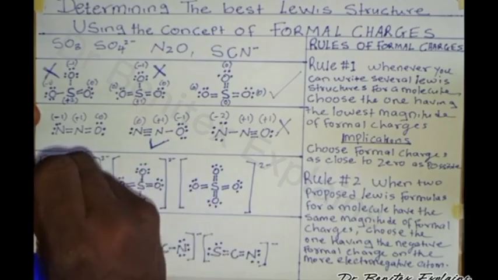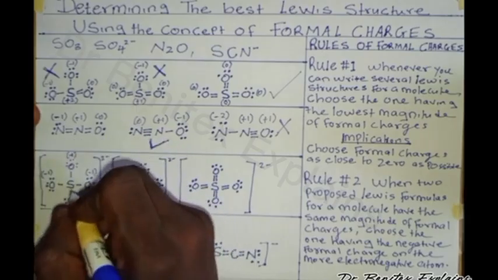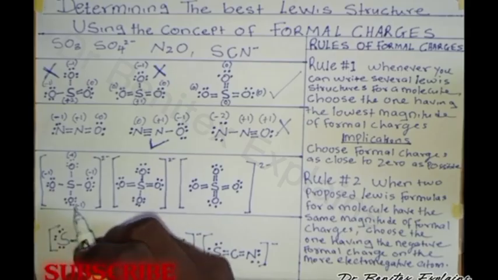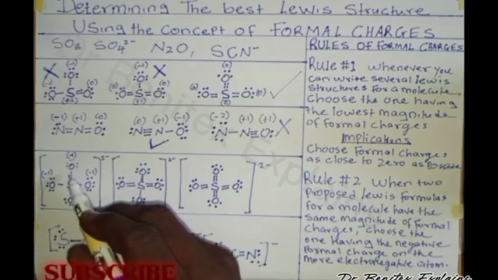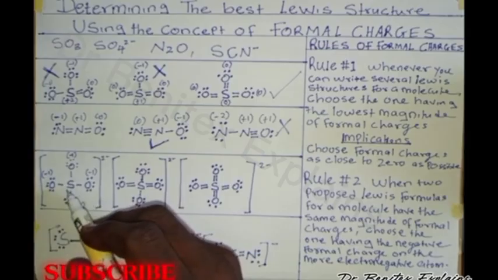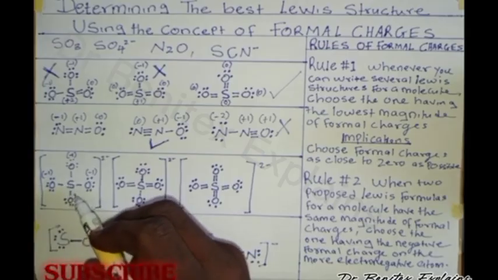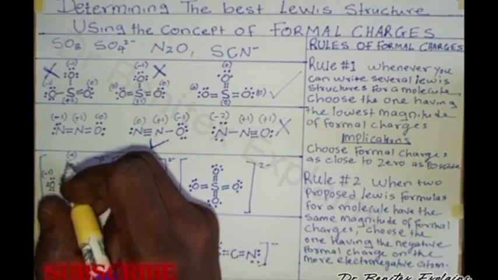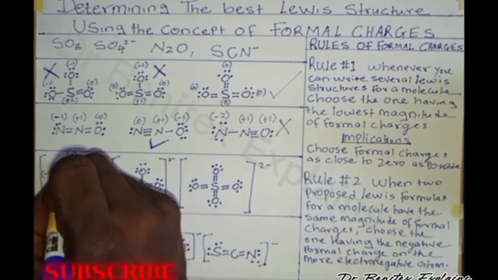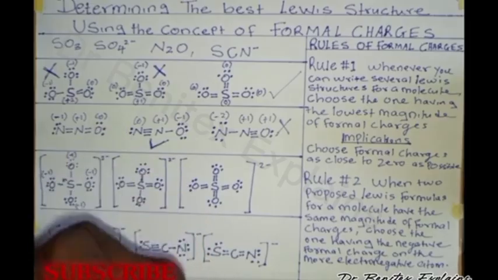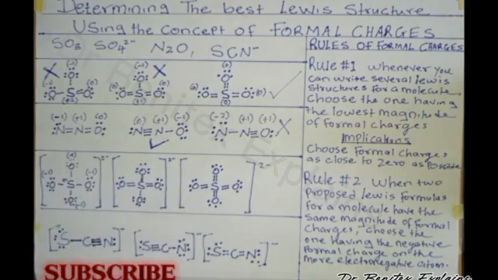Here is -1. What about for the sulfur? Let's check. Sulfur is in group 6. So 6 minus, how many bonds are there? 1, 2, 3, 4. 6 minus 4 is 2, minus no dots, okay? So the formal charge on this sulfur is +2, which is very large. It's +2.